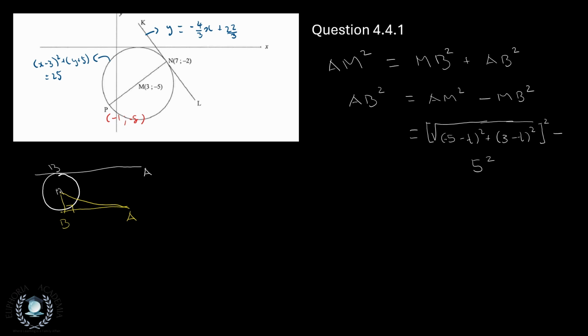All right, so once we do whatever's inside the bracket, we're going to find that AB squared, because that's a square root and we have a square on the outside, we can just cancel the square root.